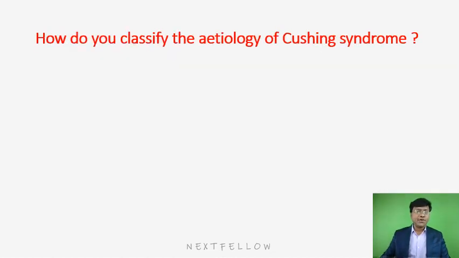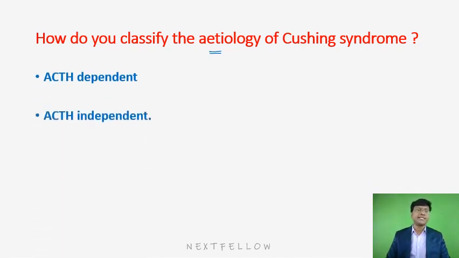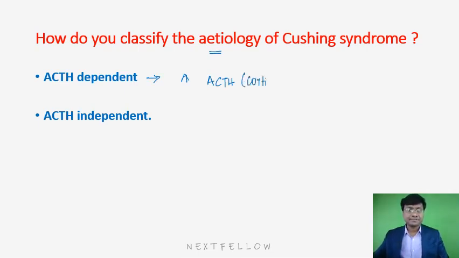Then, how do we classify the etiology of Cushing syndrome? We classify the etiology as ACTH dependent and ACTH independent. What do we mean by ACTH dependent? There is excessive production of ACTH from the anterior pituitary, that is a corticotroph type of pituitary adenoma.